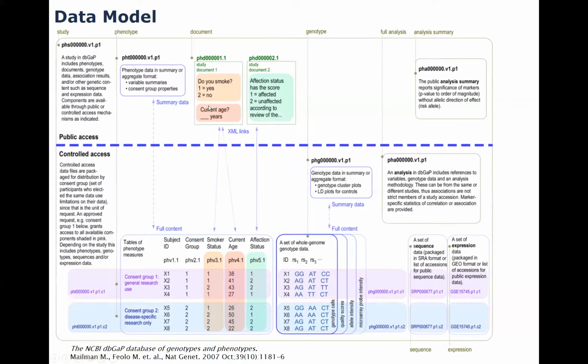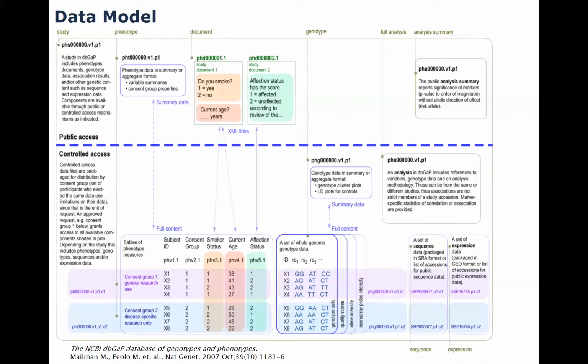The study would include phenotypic data, and we've modeled phenotypic data in dbGaP in a very general sense so that we can take a large number of different types of studies, so that we're not trying to cram a square peg into a round hole.